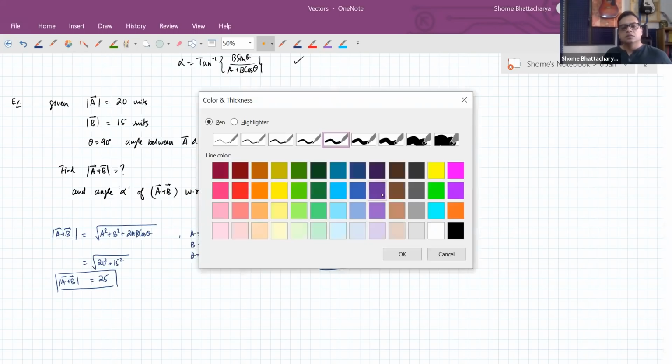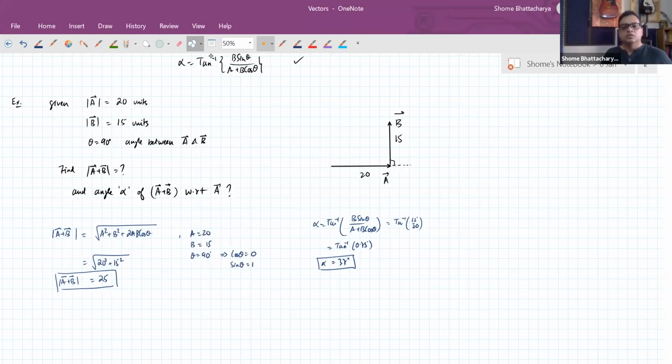So naturally, the resultant of A plus B will become the hypotenuse of this right angle triangle. So that will become 25. And this angle alpha will become, as you can see, this is a 3, 4, 5 triangle, so it will become 37 degrees. So this geometry nicely agrees with the formula based calculation that we have done. So that is about the addition of two vectors by triangle law.